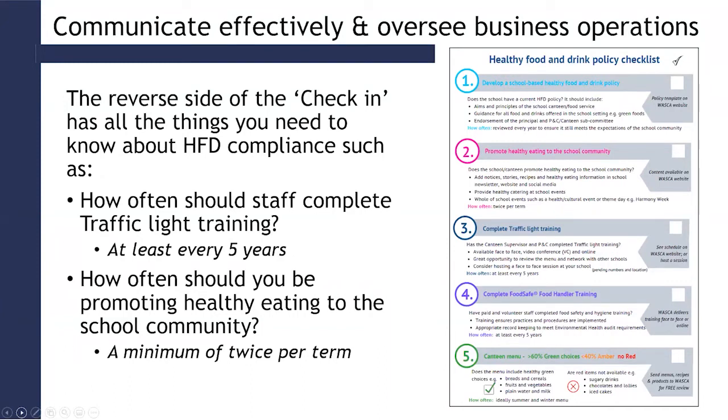To do it face-to-face means that you have the added advantage of being able to network with other canteen staff, and it's really invaluable, that networking opportunity. So if you do see a face-to-face session advertised, then I strongly encourage you to attend, or to get your canteen staff to attend.